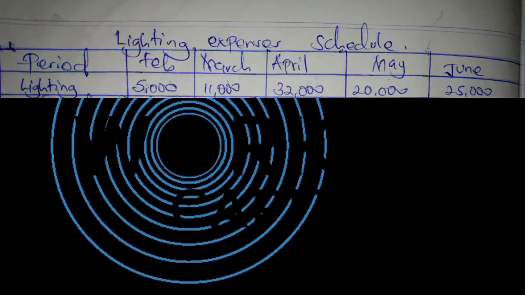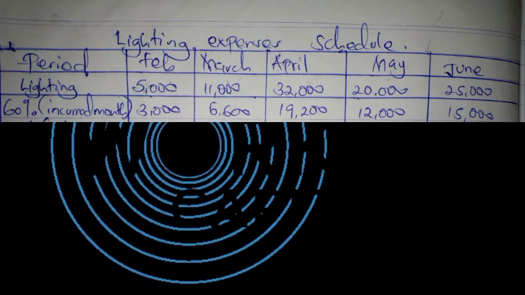Period we have Feb, March, April, May, June. Then we shall write the total lighting expenses for all the months. In Feb it's 5,000, in March it's 11,000, in April it's 32,000, in May it's 20,000, then in June it's 25,000.